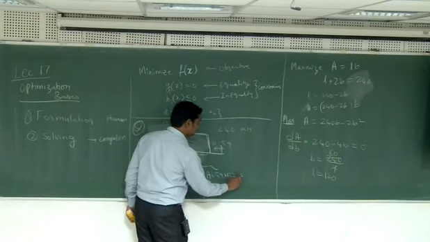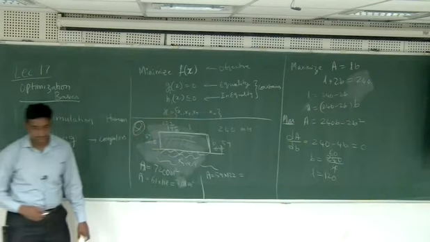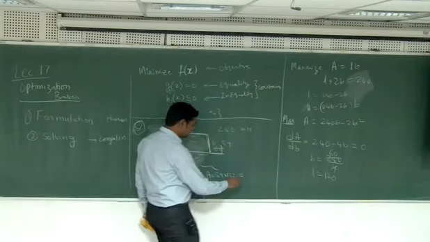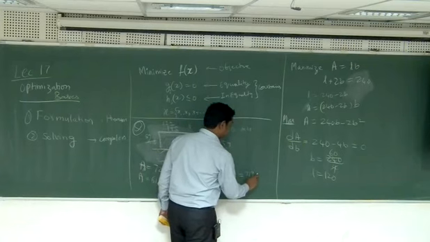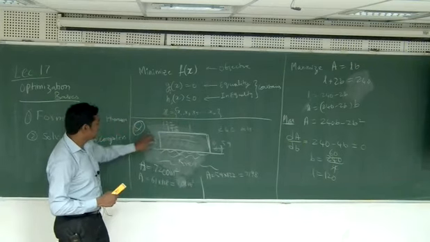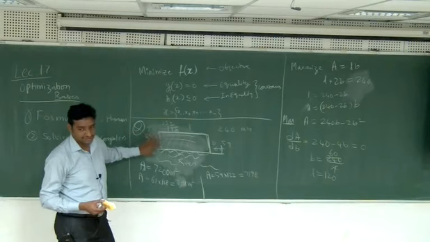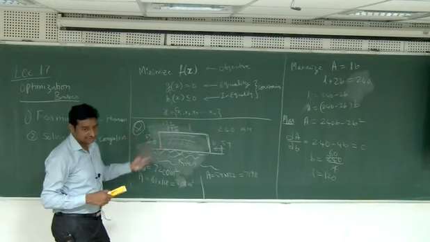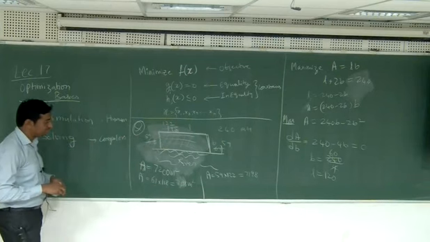How much is this? 7198. Is that the same? So if I increase it, the area is reducing. If I decrease it, the area is reducing. Whatever value was there, that is giving you the maximum value.